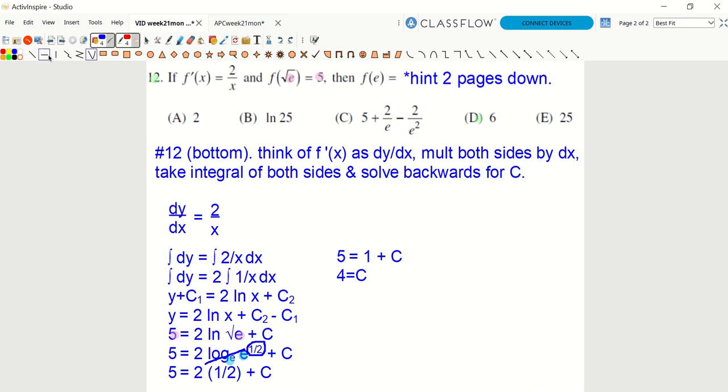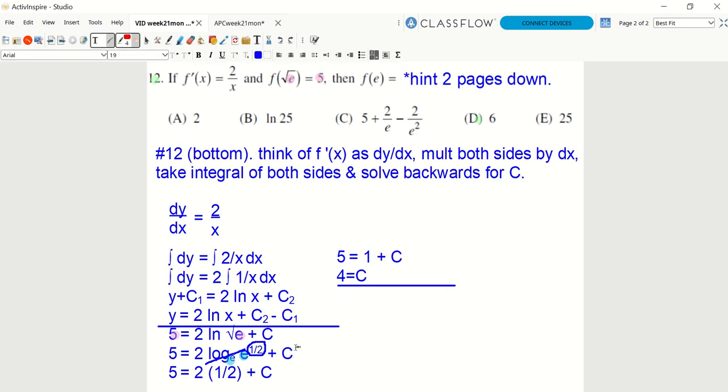Let me draw a dividing line here because this is the general format, before we solve for C, and then we plug in after that, and here again we get this general equation. Remember this is C, and C is actually 4, so this is our general equation over here.